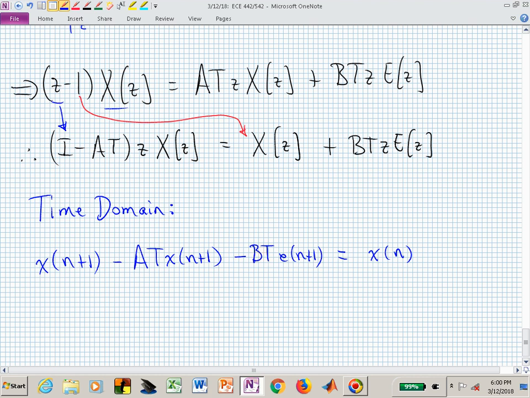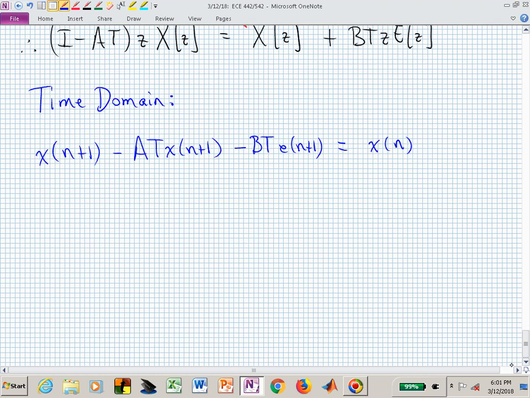Do we see where those terms came from? I just went into the time domain and I slid that BTE in the time domain to the left-hand side. So that's E advanced by 1, n plus 1 times BT, and since it was plus BT on the right, it's minus BT on the left.